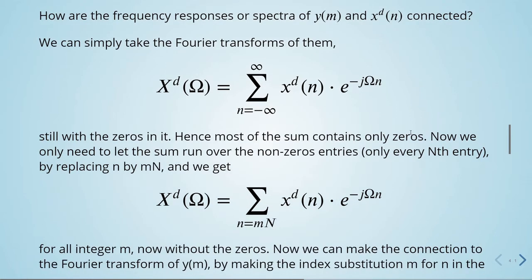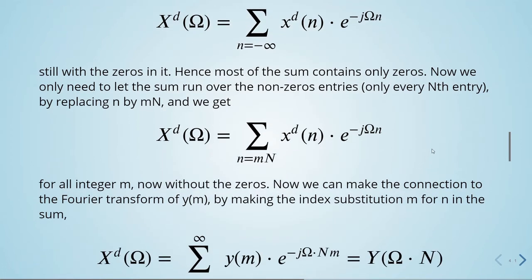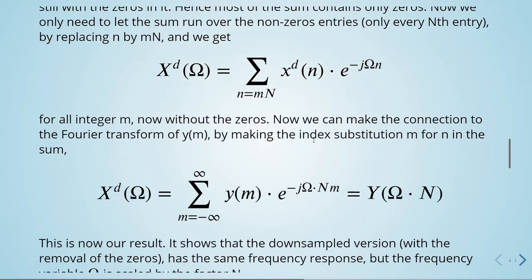So we replace n by m times N, for all integer m. Now it is without the zeros, and we can make the connection to the Fourier transform of y of m by making the index substitution of m for n in the sum.